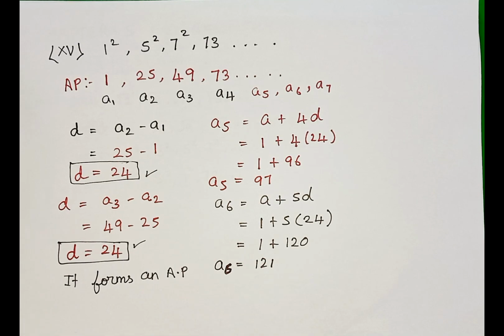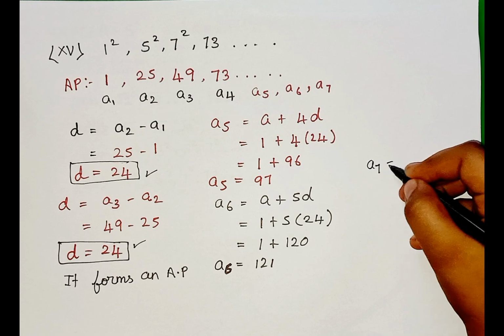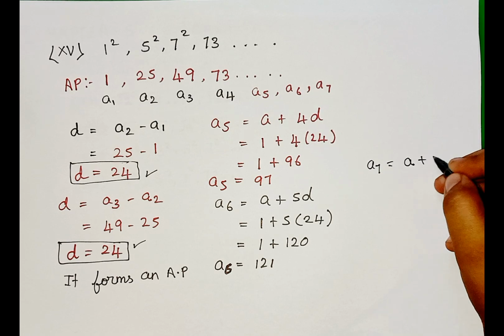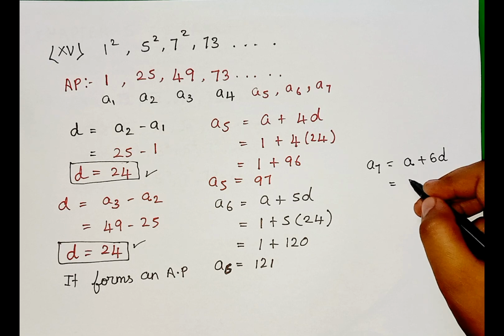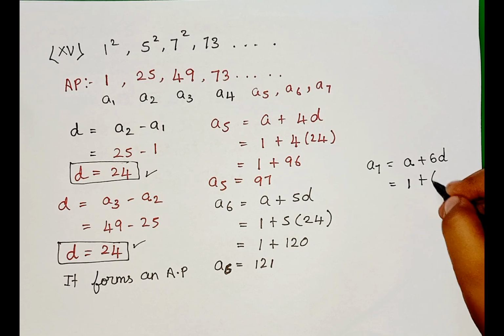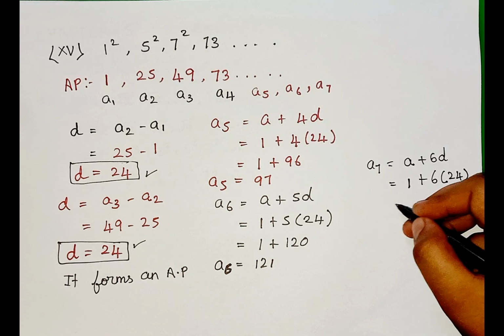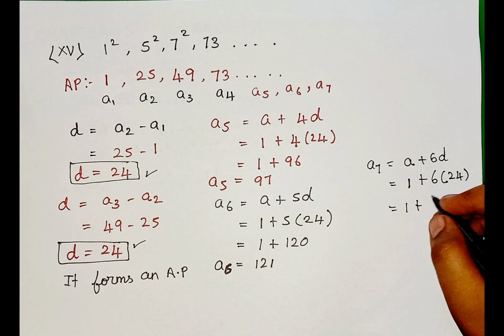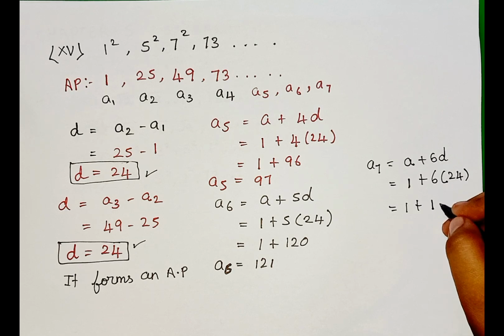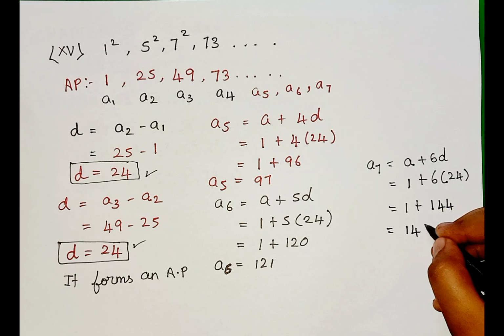Okay, so now let us find the A7 value. The formula is A plus 6D is equal to A value is 1 plus 6 into D value is 24, is equal to 1 plus 6 into 24 is 144. So when we add it, we'll get 145.